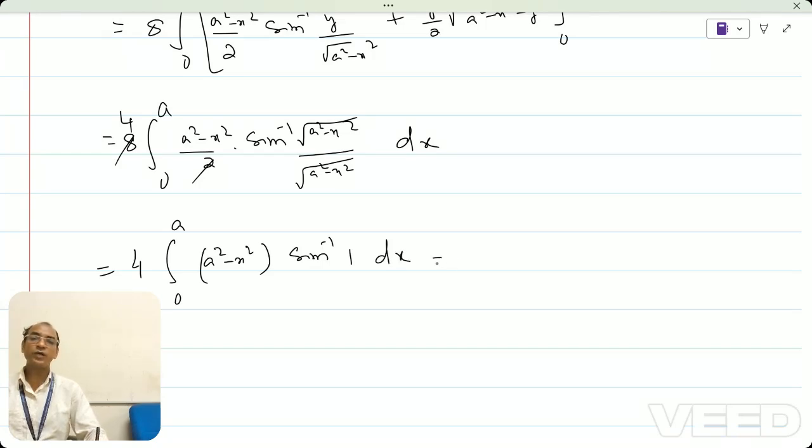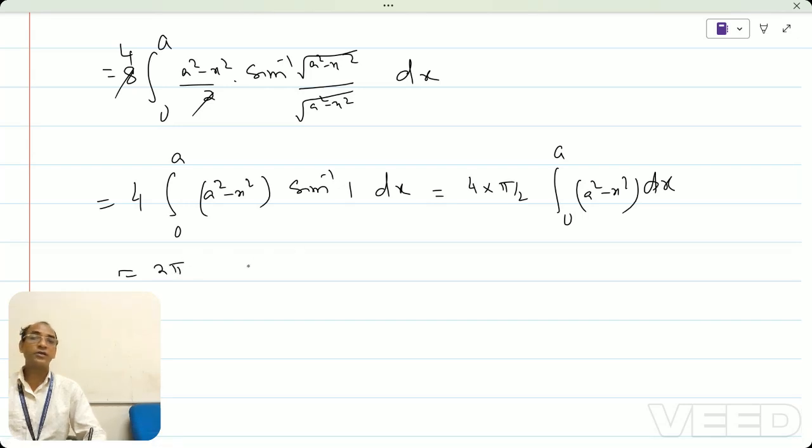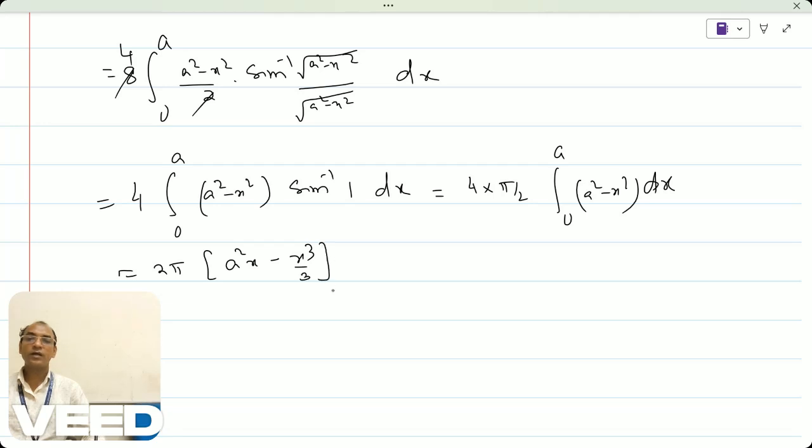But sine inverse of 1 is pi by 2, so I will have 4 into pi by 2 integration 0 to a of a square minus x square dx, which is equal to 2 pi, and the integration of a square minus x square is a square x minus x cube by 3, with limits 0 to a.